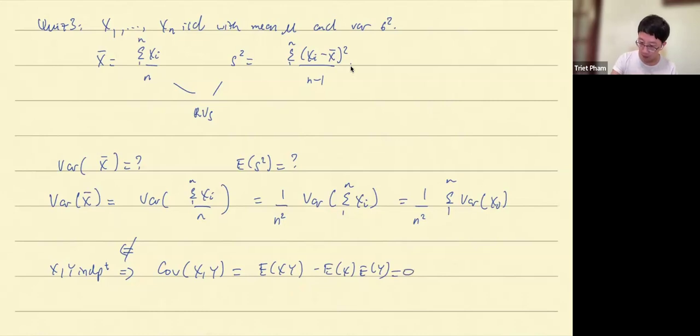That's why when you have independent random variables, you can just do that. And of course, each of them is sigma squared. So 1 over n squared, n sigma squared. So it's sigma squared over n. Any question?